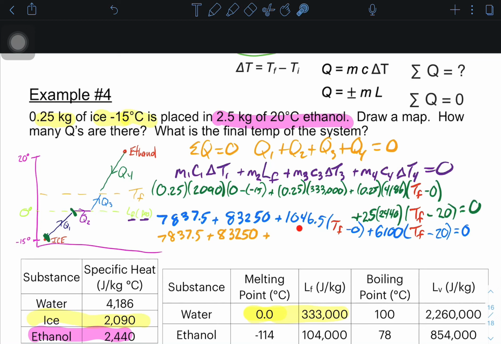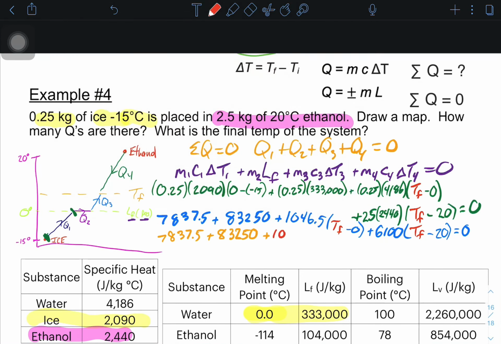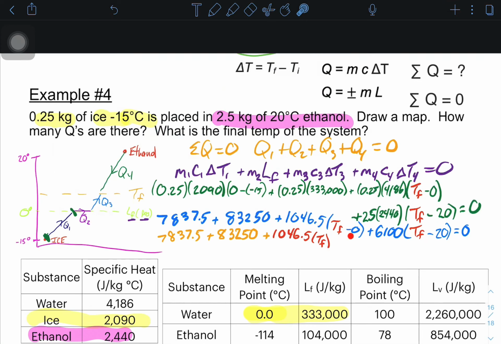So now we're going to go through and distribute my TFs. So we get 1046.5 times TF. And then we distribute this times 0, so it's going to be a minus 0. Then we distribute my 6,100 in TF, and we get 6100 times TF.